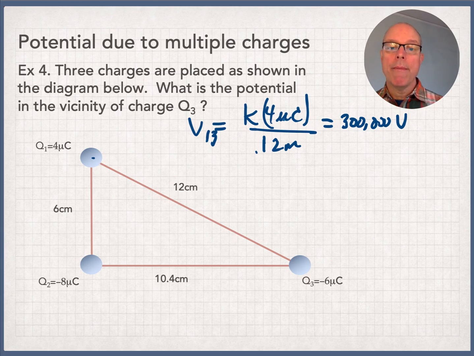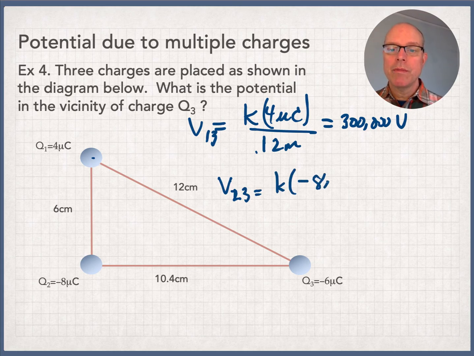By the way, a microcoulomb is really big, isn't it? When you're 12 centimeters away from it, that's a little bit bigger even than our Van de Graaff generator in class can do. So part 2 of this question, what is charge 2 going to do out here by charge 3? It's so easy. It's going to be K times, and this is the time I do use the minus signs.